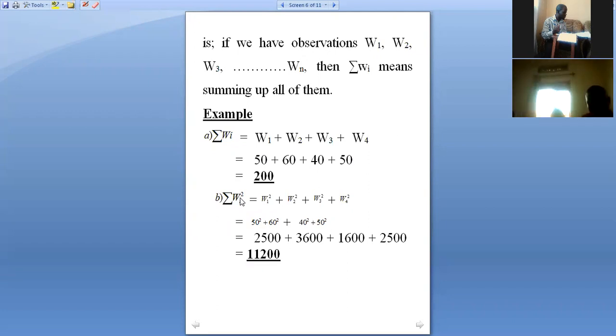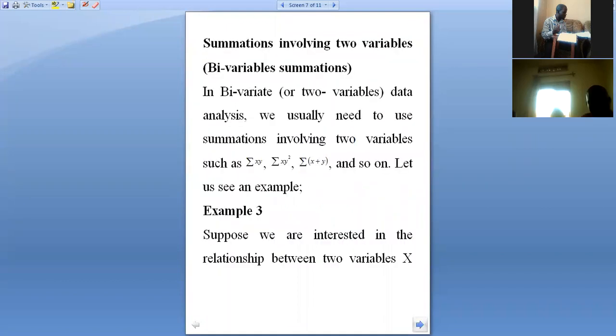They are telling you that you square everything and you sum up everything, just like you see in this example. So I think that is an important point to note. Then we can go and look at summation notations involving 2 variables.